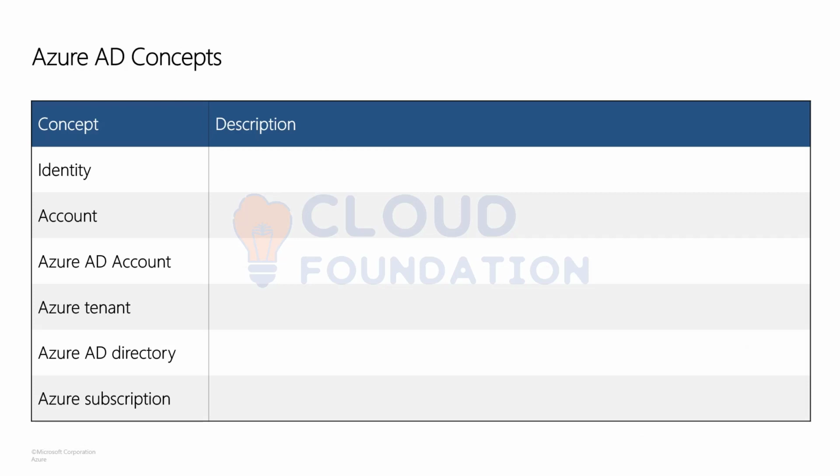Let me proceed further. So if you look at the core entities within Azure Active Directory, you have your identity over here. How are you going to connect to that resource? Now, when I say a resource over here, every element that you see within Azure will be a resource. Whether you are looking at management groups, public IP addresses, web application or app service plan, each of these are your resources over here.